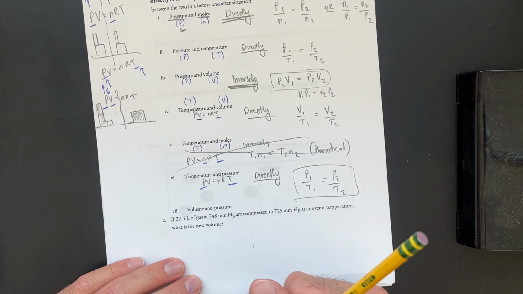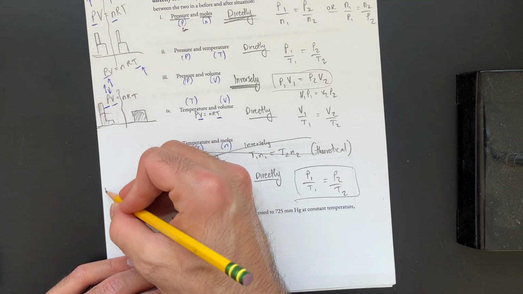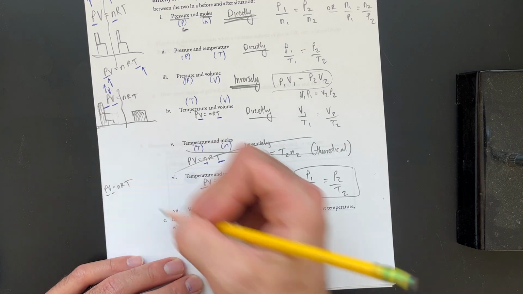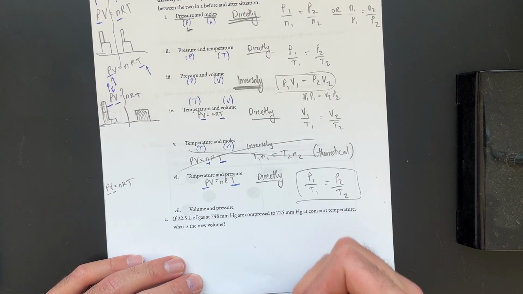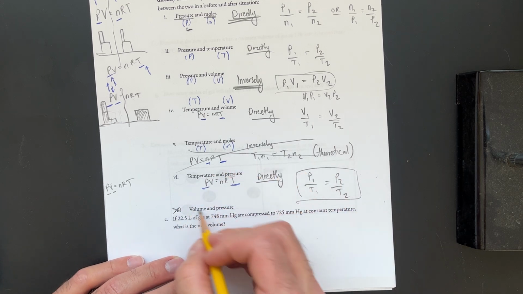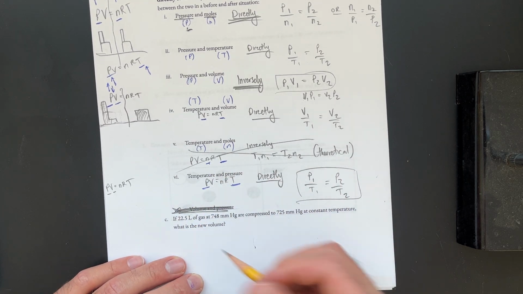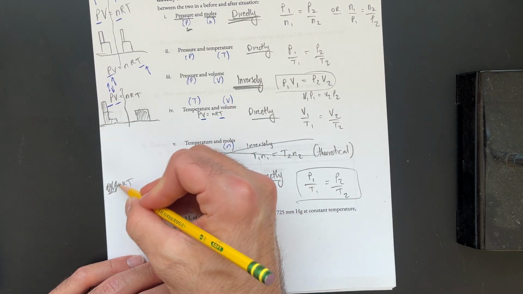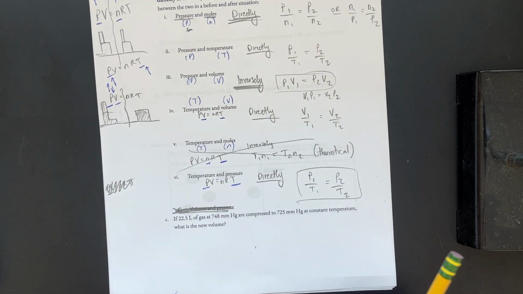And then volume and pressure, I'm going to put that here. PV is equal to nRT. Volume, oh, wait, shoot. This is the same thing as above, so I'm actually going to cross this off for the answer key. That's just this one, so let's not worry about it. Cool. Before I post this for you guys, I'll change that as well.